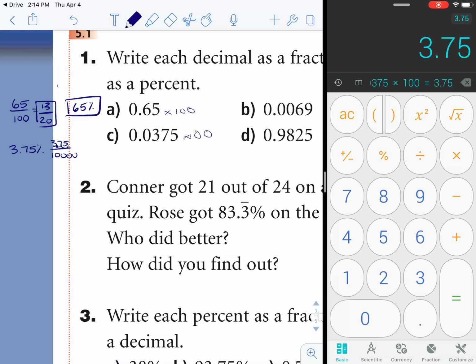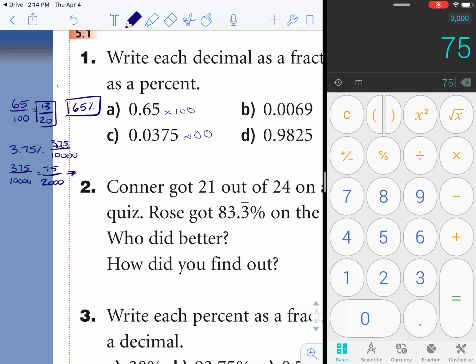So this is 375 over 10,000, which we can then reduce. 375 divided by 5 gives us 75. 10,000 divided by 5 is 2,000.